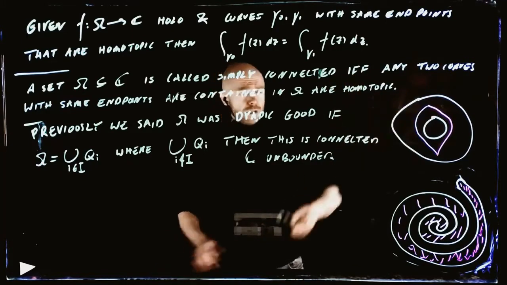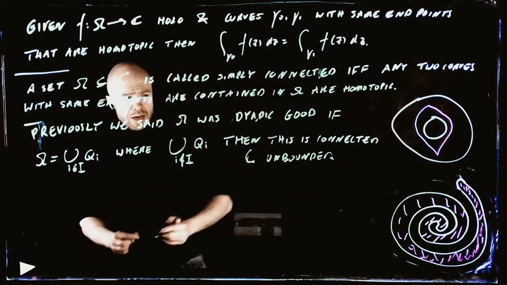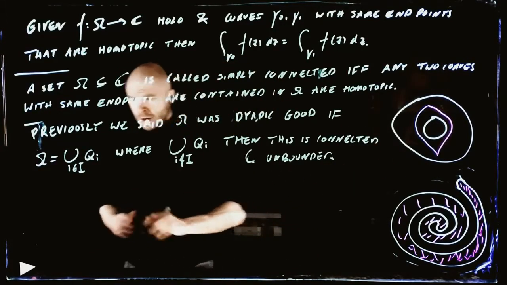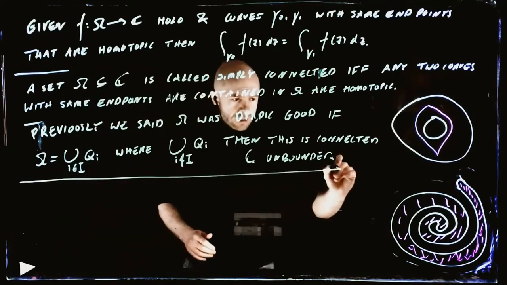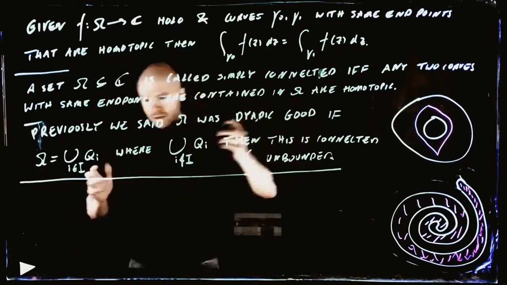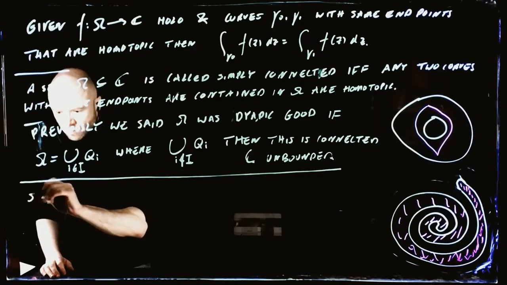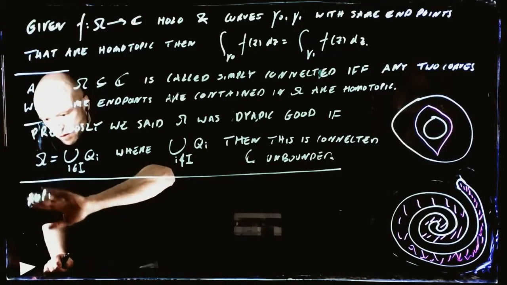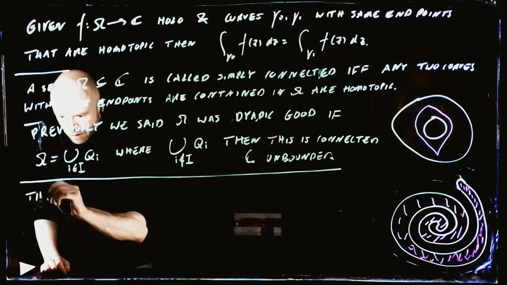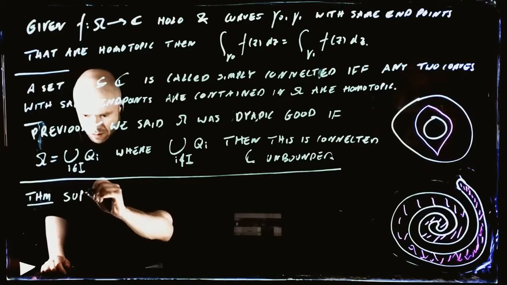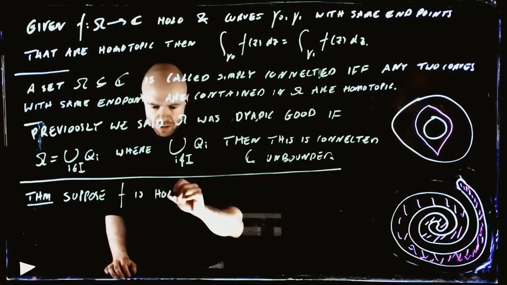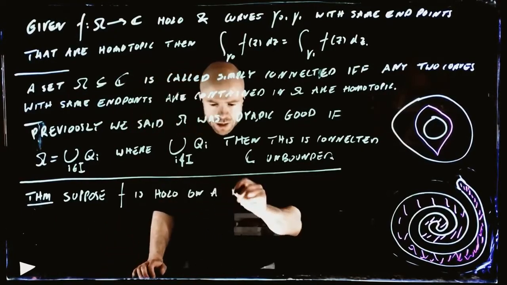But now with this notion of homotopy, we don't have to define it this way. We can define it in a more subtle and more general way. And the point is that all the stuff that was true previously for dyadic good sets is now true for simply connected sets. So the main theorem is: suppose f is holomorphic on a simply connected set omega.